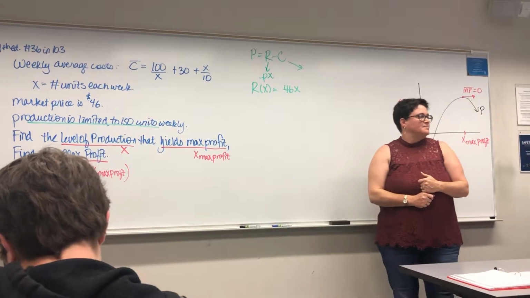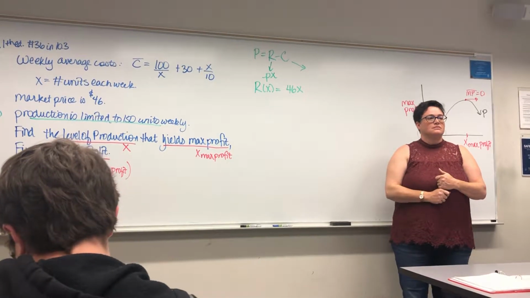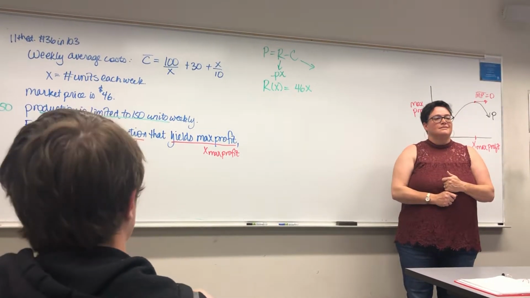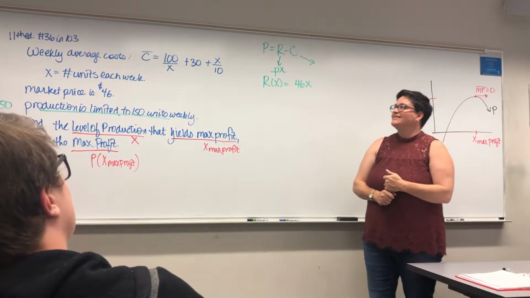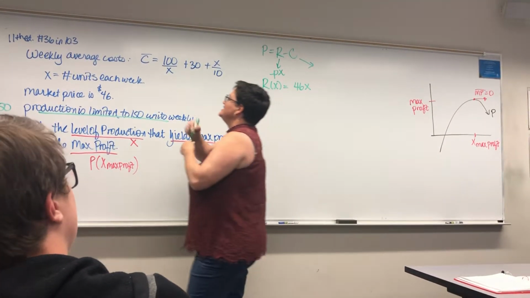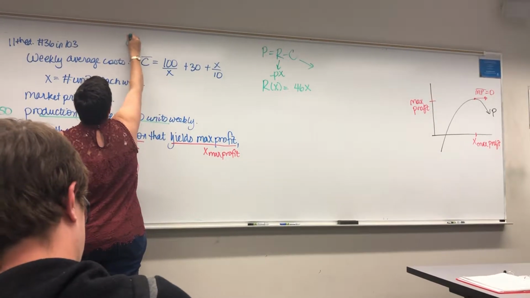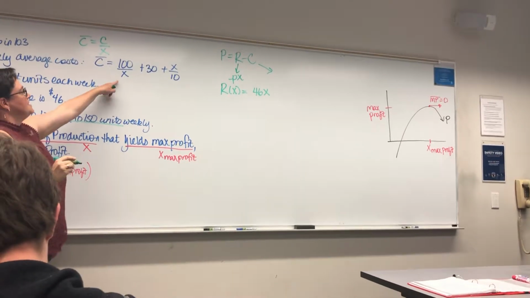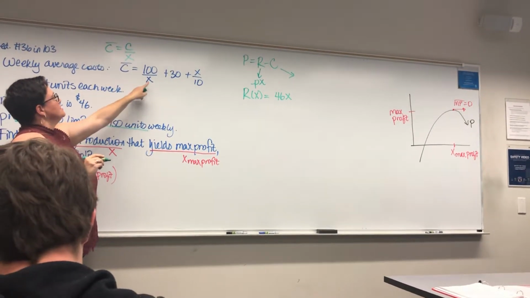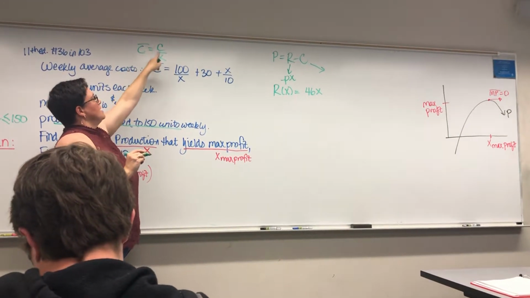Do you guys remember the difference between those? Maria? You don't have the X underneath the cost. Right. This average cost is cost per unit. That's what this is, guys. So how do I get cost out of this little equation here?